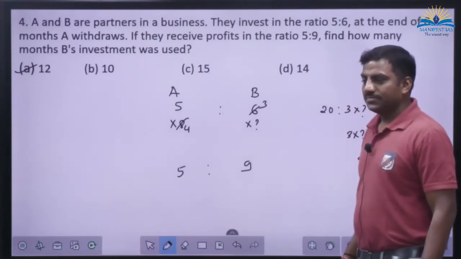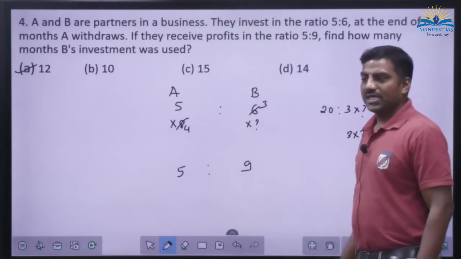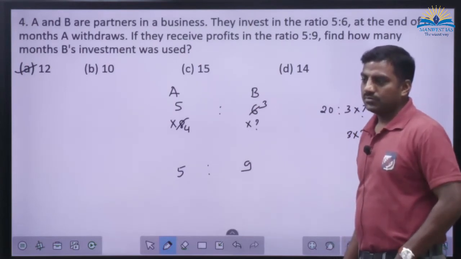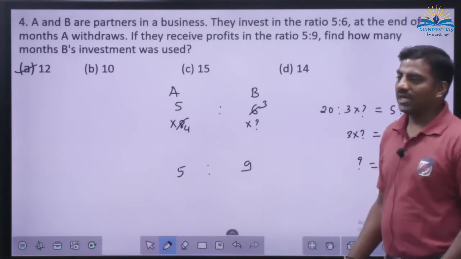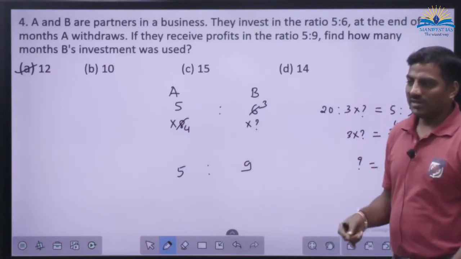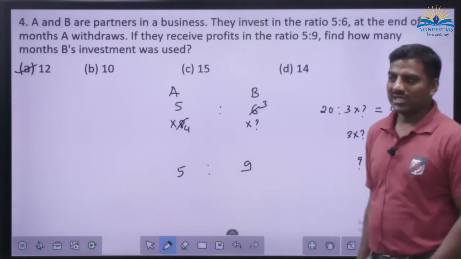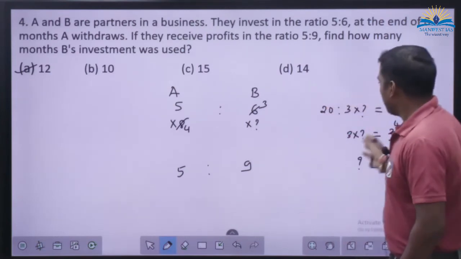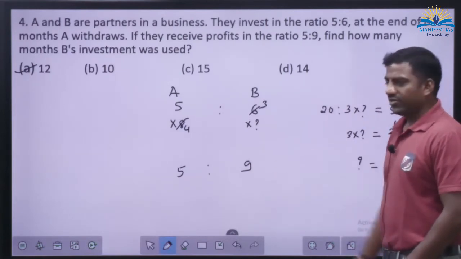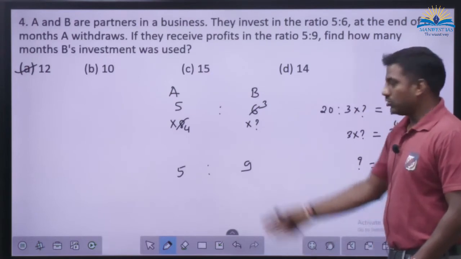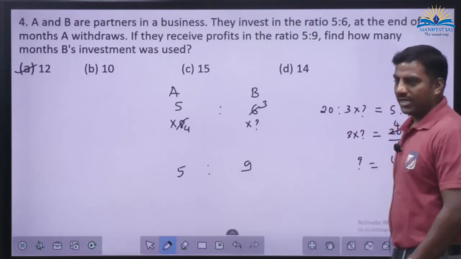They have not mentioned at the end of the year? No. Because they can wind up their business anytime, no? They can wait more than 1 year also. Yes? So we should not assume that. So here, B's investment has stayed for 12 months. That is why he is getting more profit, almost double the profit of A, because he has stayed for long. Yes?